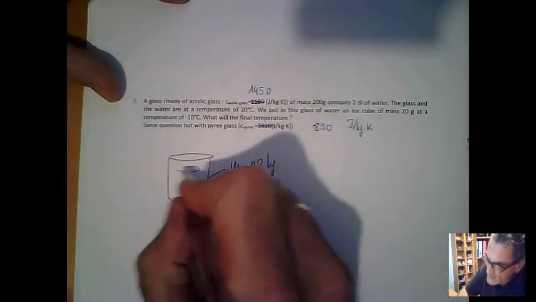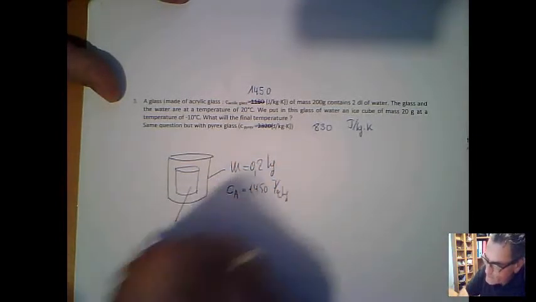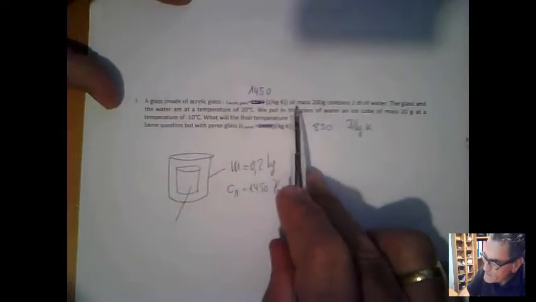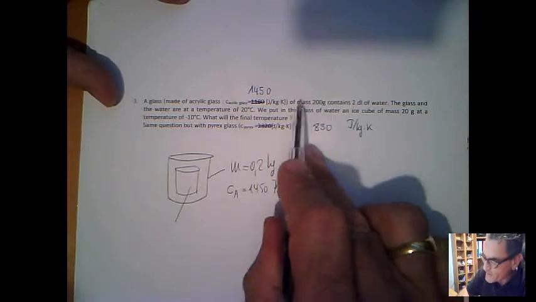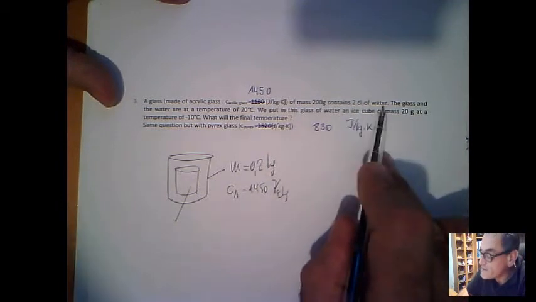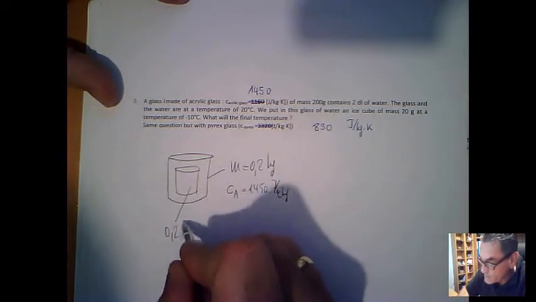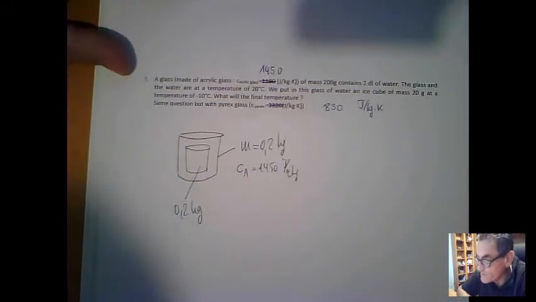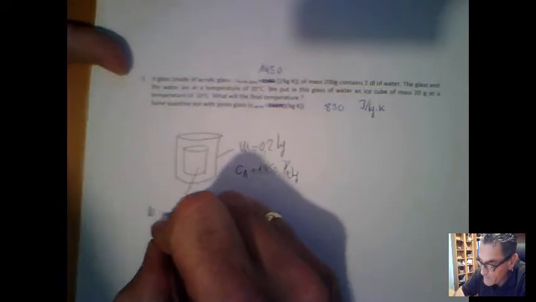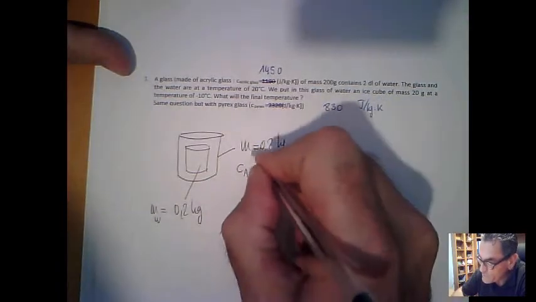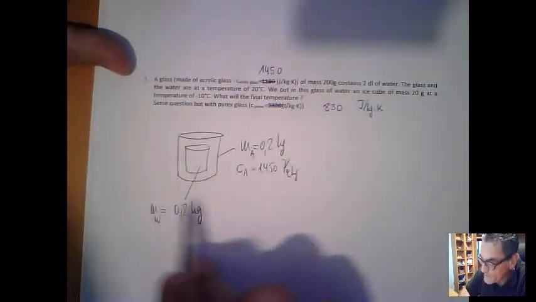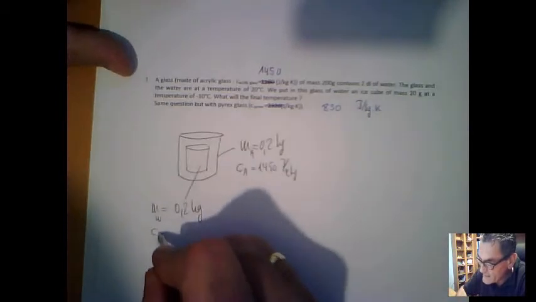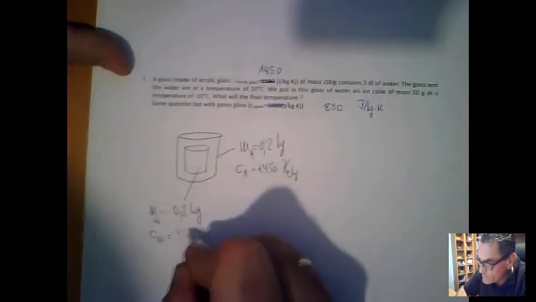What else? This glass contains 2 deciliters of water, and 2 deciliters of water represents 0.2 kilos. So the same mass, but now this is the mass of the water, whereas this was the mass of the acrylic. The C of the water, we know it by heart.